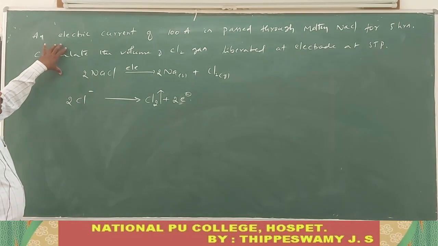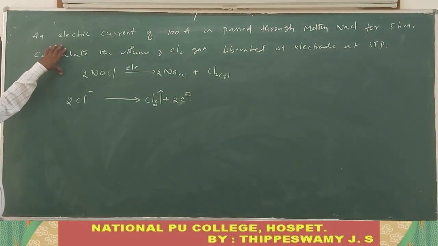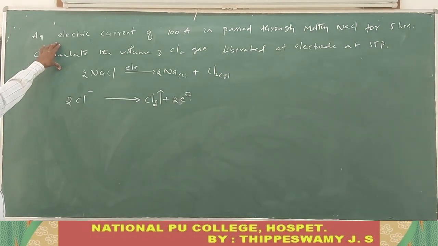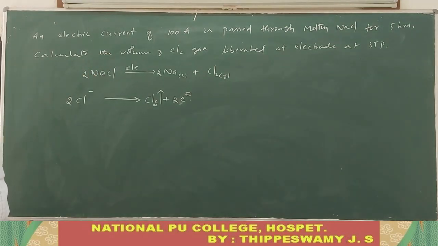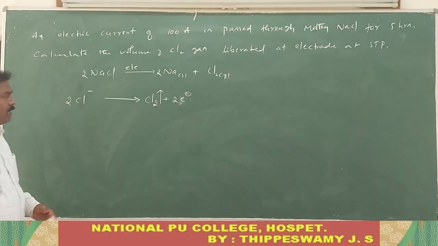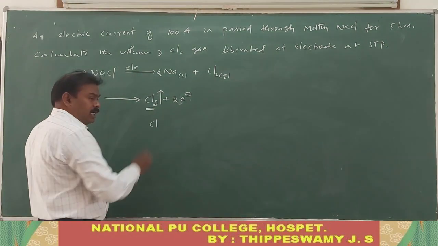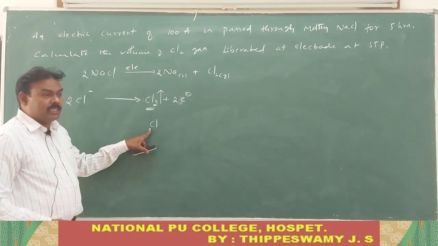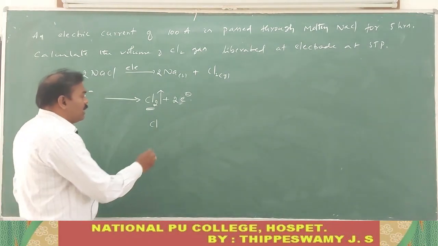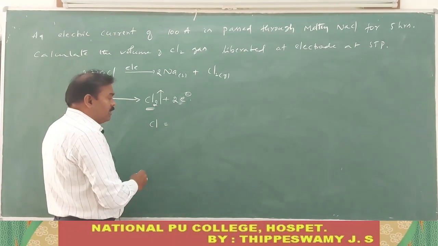Okay, now the question is like this. An electric current of 100 amperes is passed through molten sodium chloride for 5 hours. Calculate volume of chlorine gas liberated at electrode at STP. A current of 100 amps passed through molten NaCl for 5 hours. Calculate the volume of the chlorine gas liberated. You know that now here, this is chlorine gas.